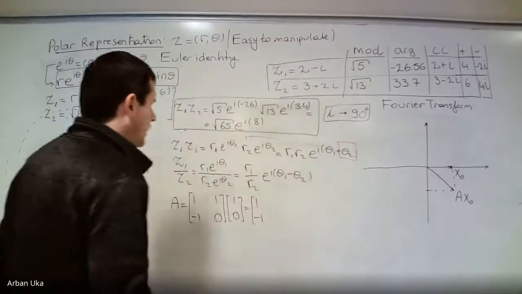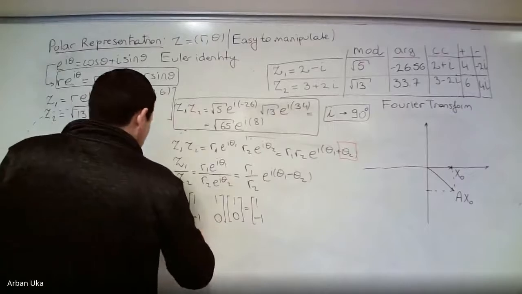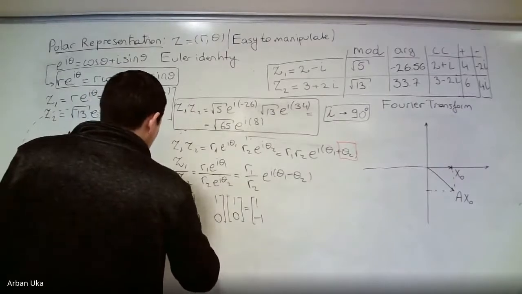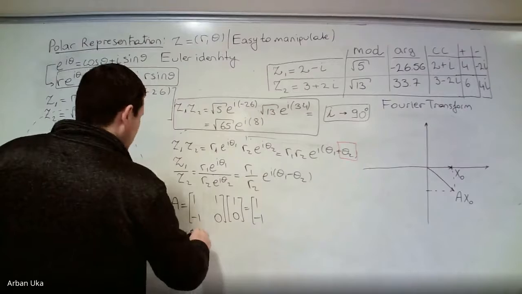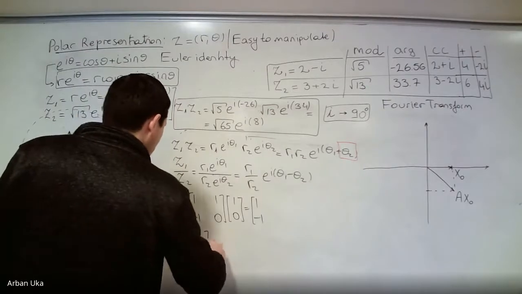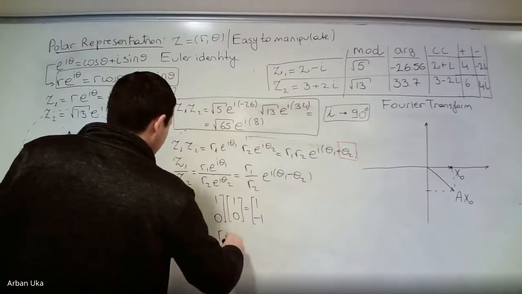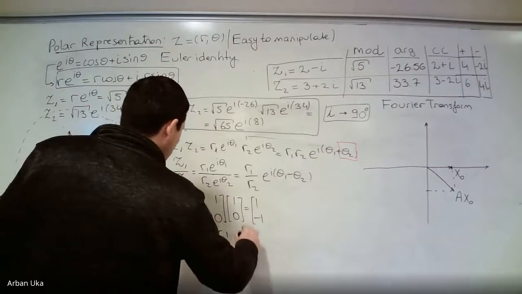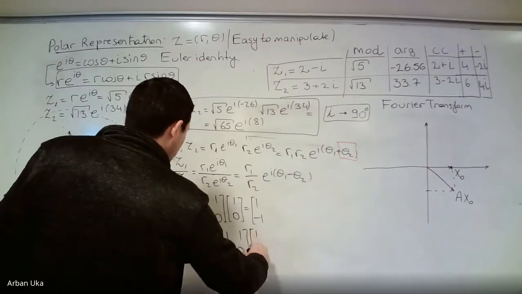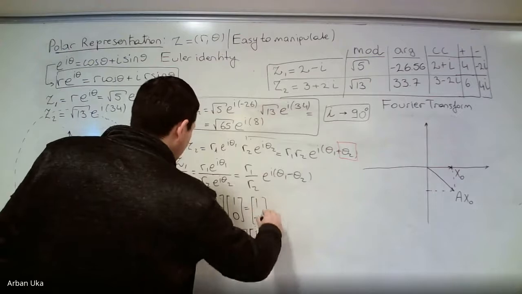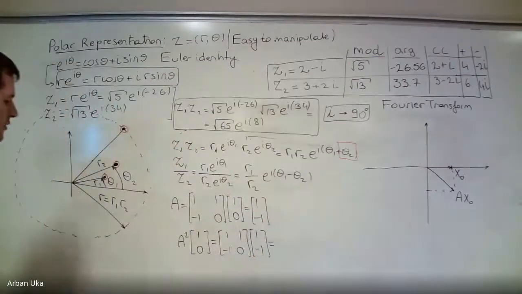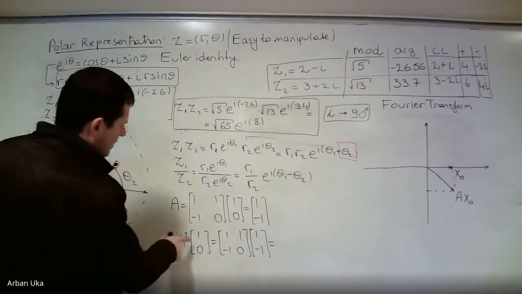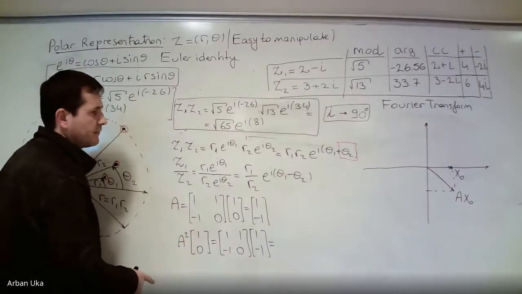Then let's multiply A squared times x0, which is A times 1, 0. What is this equal to? This is 1, 1, minus 1, 0, and we multiply with 1, minus 1. Would you agree here? So we want to rotate this vector from 1, 0 twice.